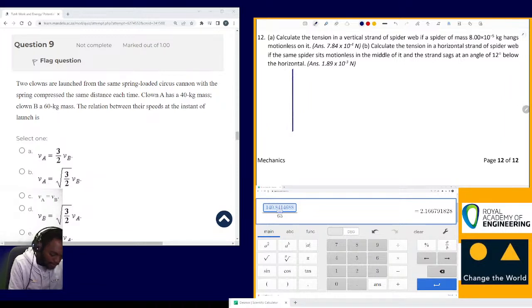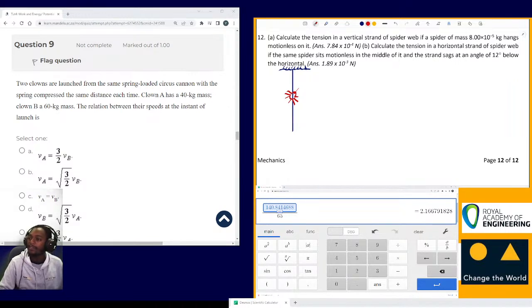So these are vertical strands, which is probably attached somewhere. Okay, and we have got our spider. Spider has got how many legs, by the way? 1, 2, 3, 4, 5, 6, 7, 8. I think it's 8. So there's a spider, and it's hanging there.